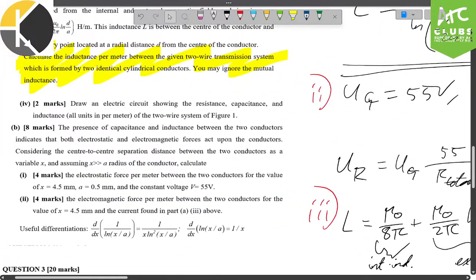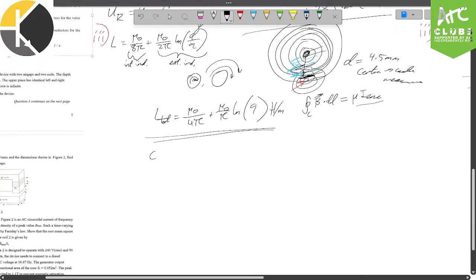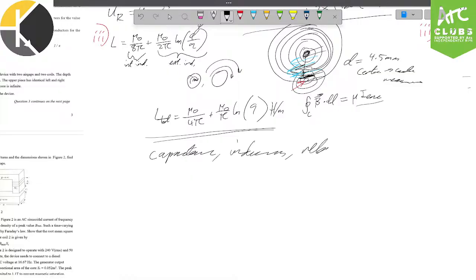So, the electrical circuit for this. There are a few things to note. We have a capacitance, an inductance, and relative resistances, just by the conductance of the circuit.